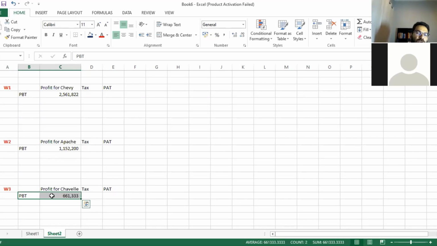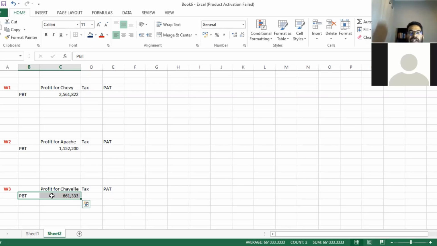I'm trying to go from starting point to end point. What is my end point? My end point is the group annual financial statements. If you think back to day one, when I drew that diagram, it would look as follows: Chevy on top, and then you will have APAC and Chevelle.